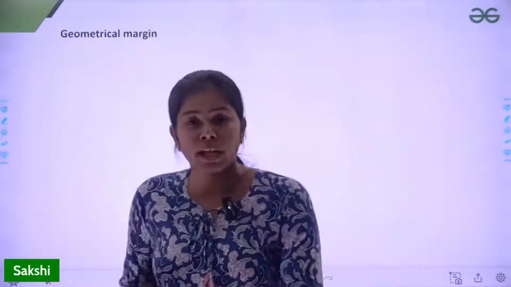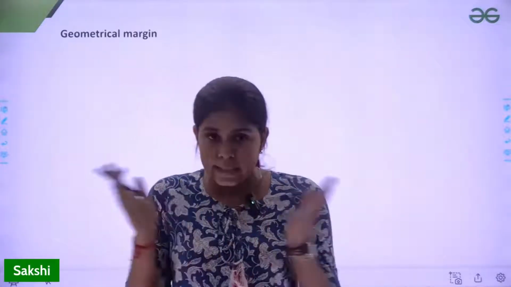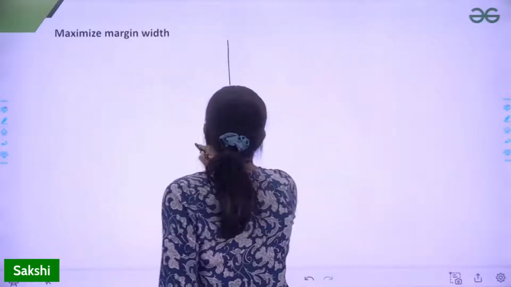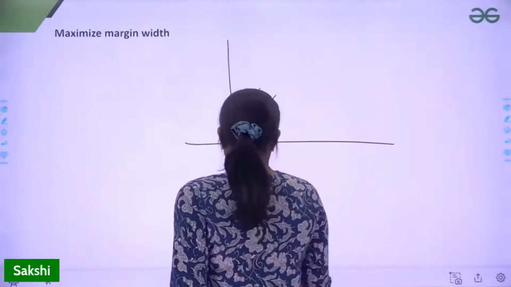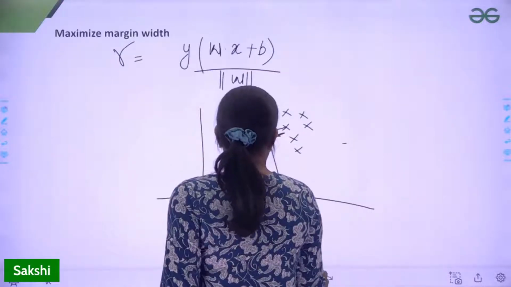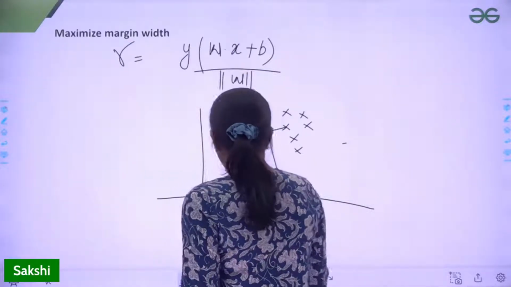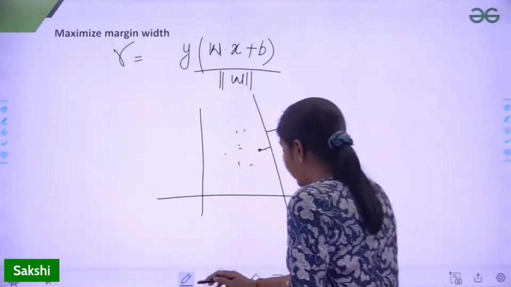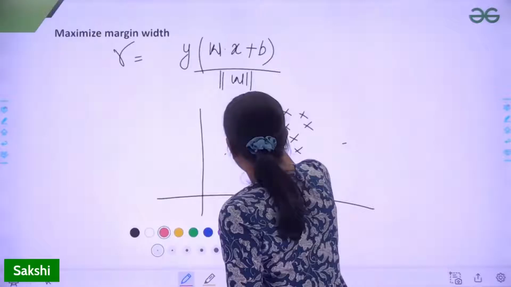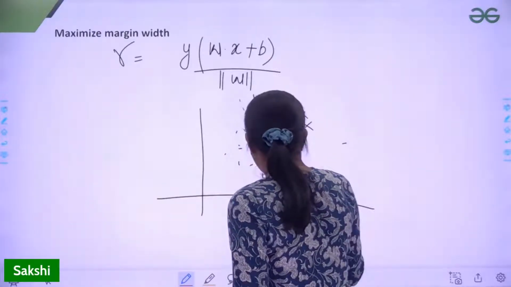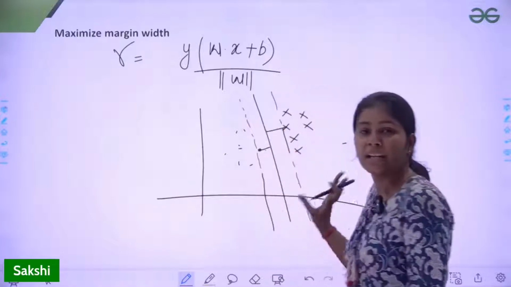Now the next thing I have to do is maximize this width, right? Maximize margin width. So we have this problem. Now this is my margin width.